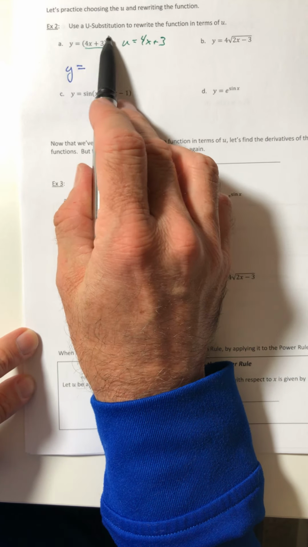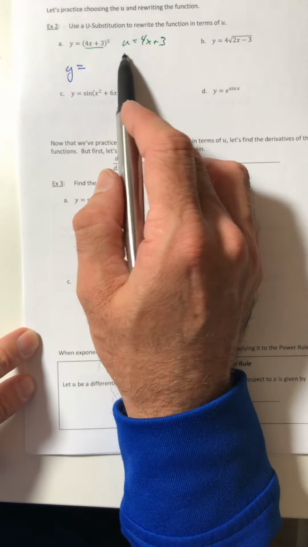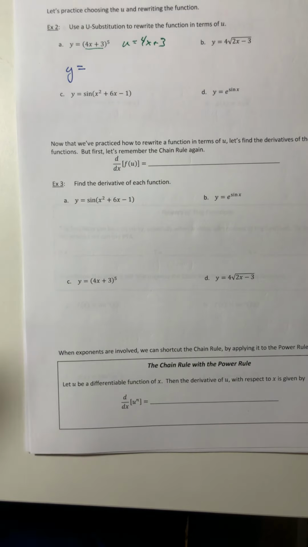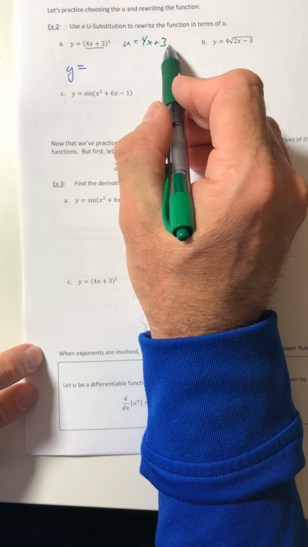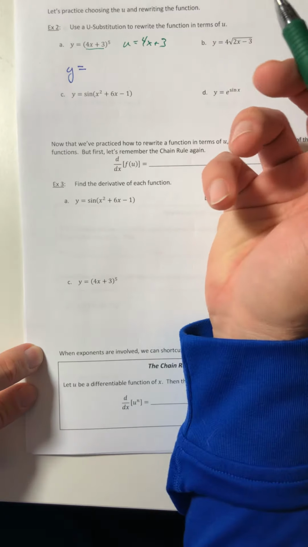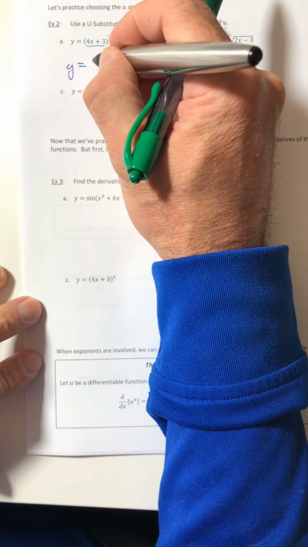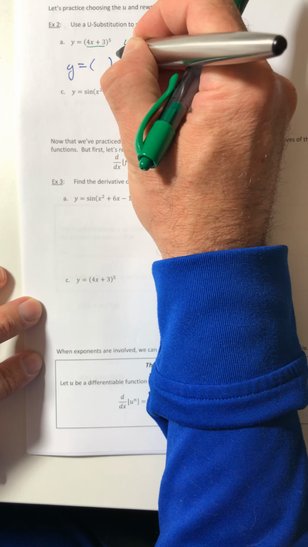I want to change this given function so that instead of x variables, I have a u. So I'm going to use the substitution that I wrote down and apply the choice that I picked for u.